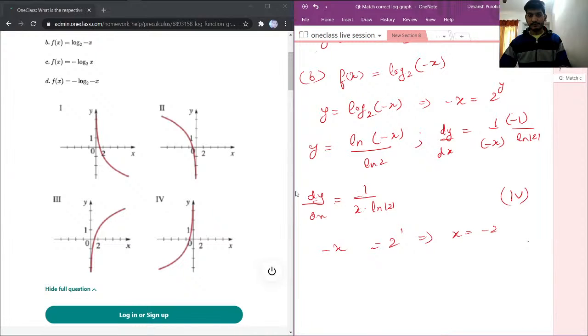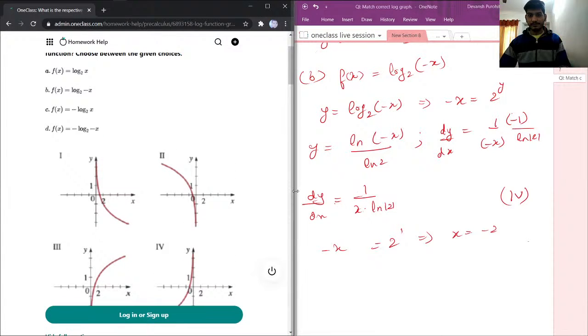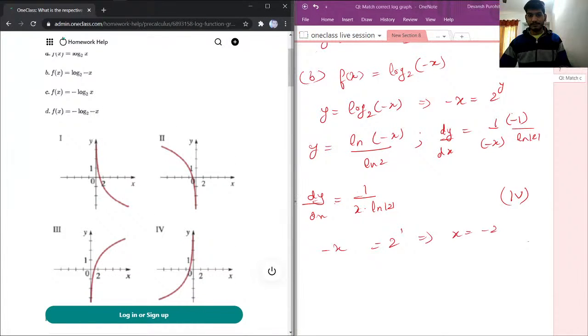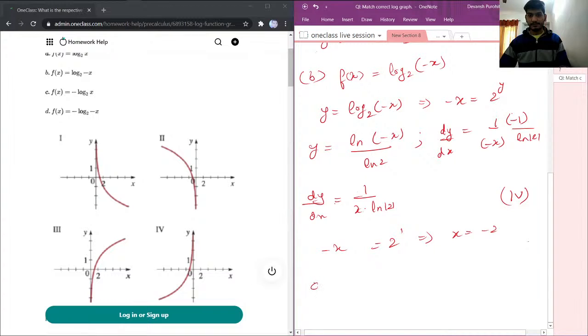C. Pretty much good. For C, I have f of x as negative of log base 2 of x.